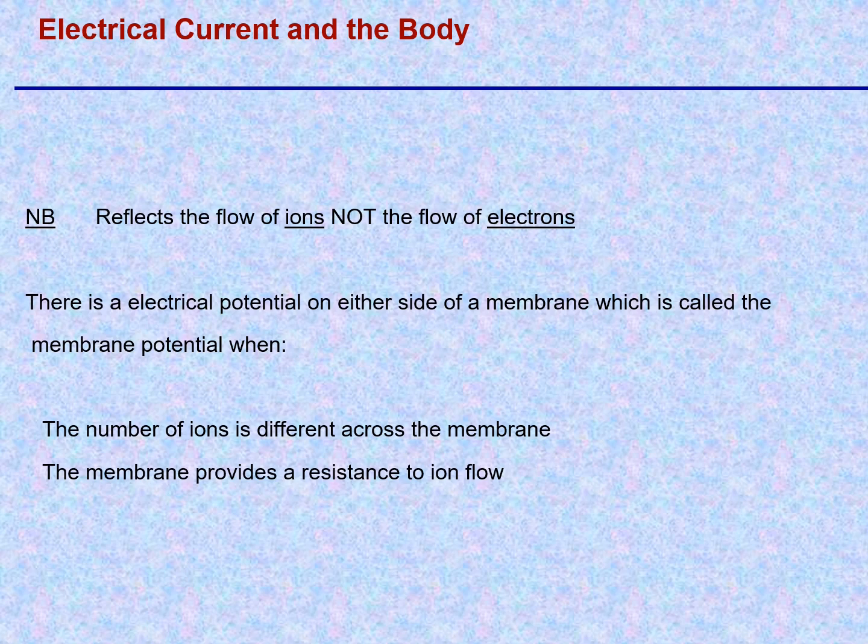The membrane itself is what provides resistance to ion flow. Cell membranes are quite interesting in which ions they will allow through and when. It's not as if ions can flow through easily. Many require particular channels, and we'll talk about that soon enough.